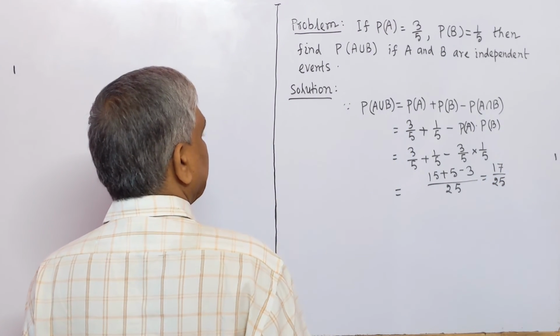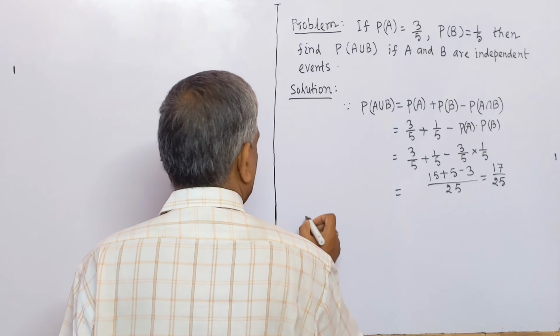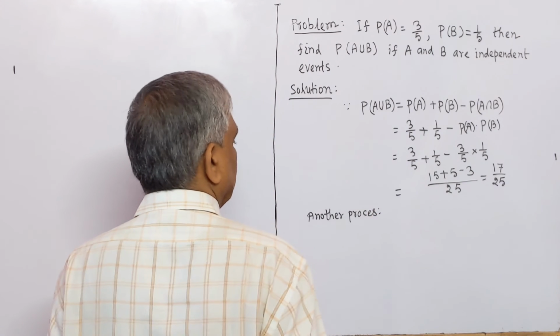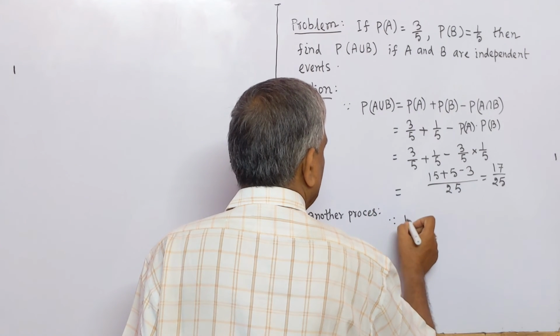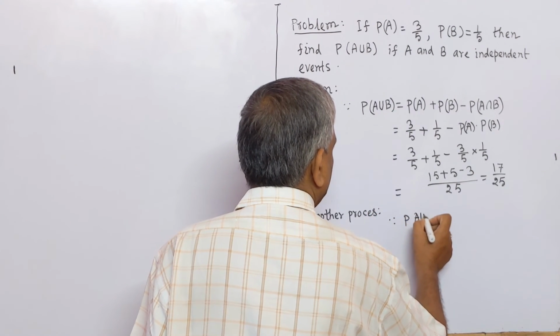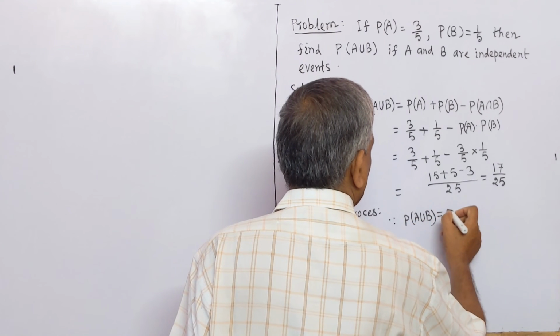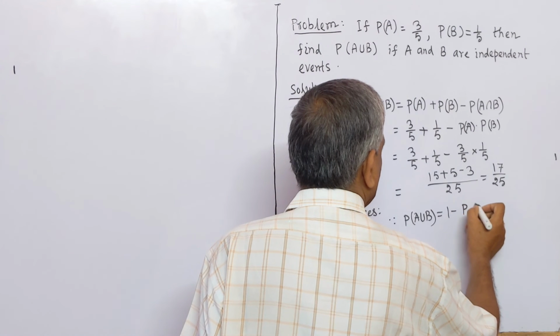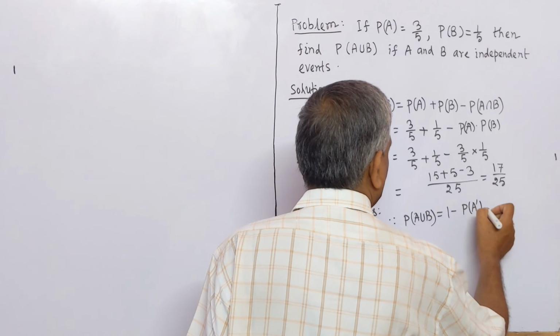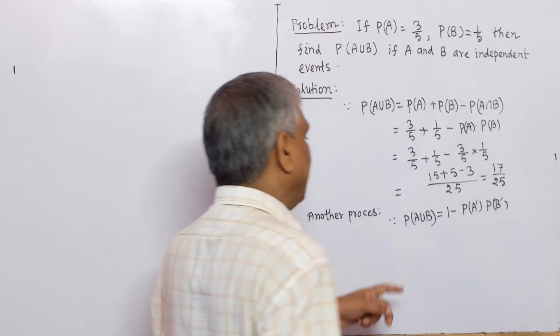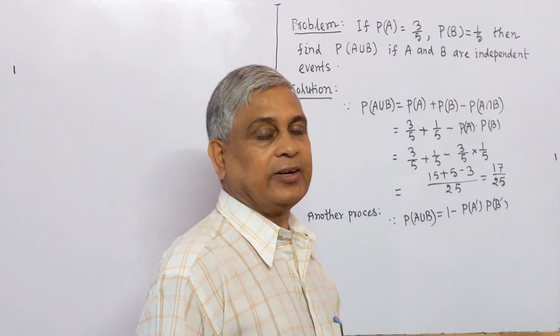In another process we may also solve it. Since we know that P of A union B equal to 1 minus P complement of A times P complement of B if A and B are independent events.